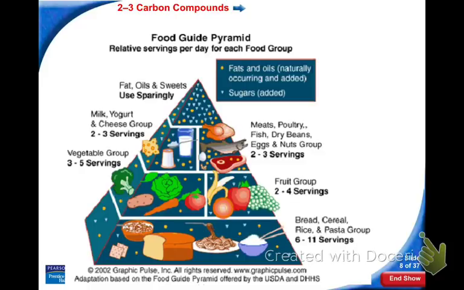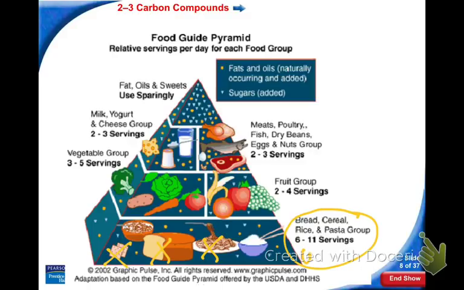So, talk a little bit about nutrition real quick. When we eat food, what should we be eating? Well, the basis of our diet should be these carbohydrates. Now, not all carbohydrates are created equal. Some of them are better than others, okay? We should minimize pastas and breads and crackers. We should minimize that.